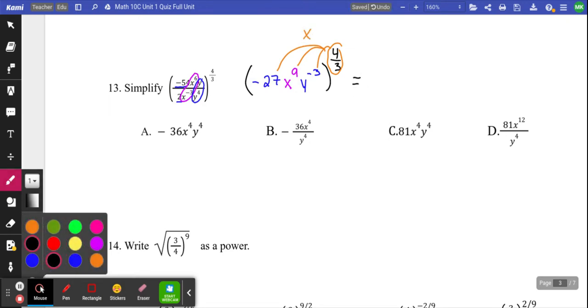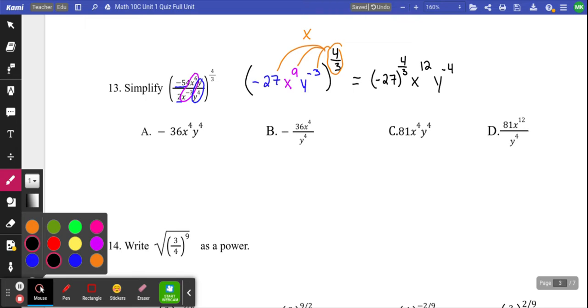So I have negative 27 to the power of 4 over 3. I have x. If you do 9 times 4 over 3, you get 12. And I have y. If you do negative 3 times 4 over 3, you get negative 4. Perfect.